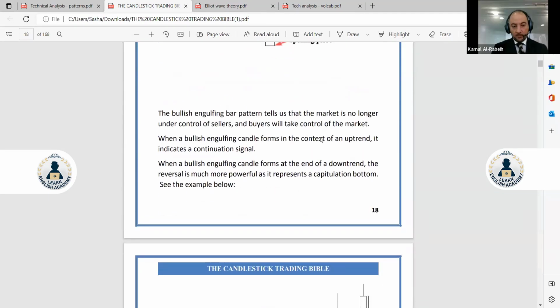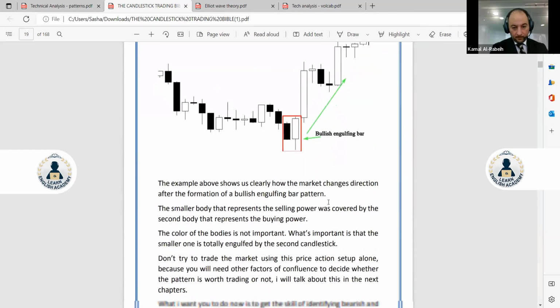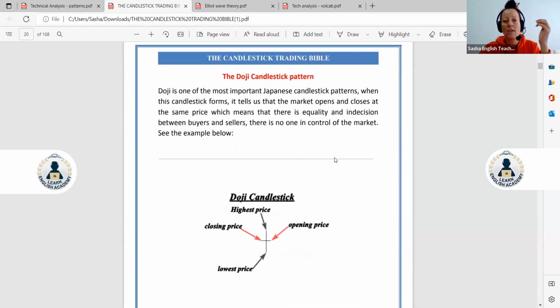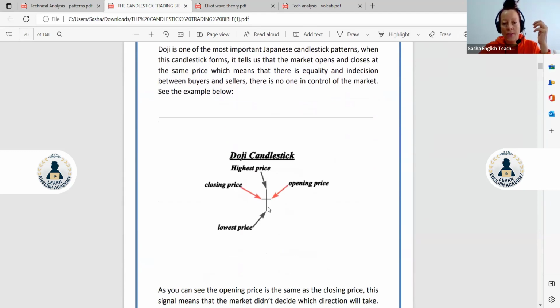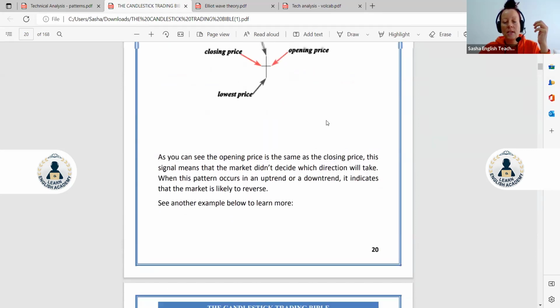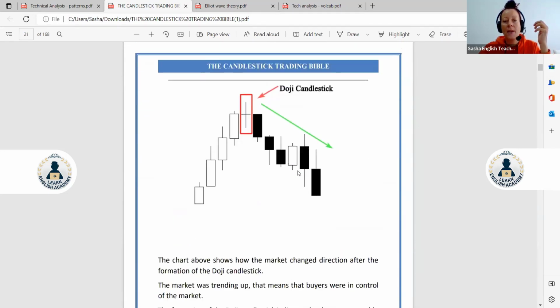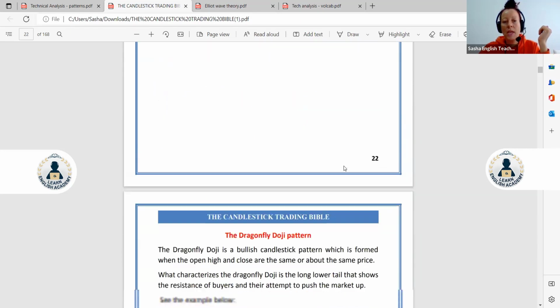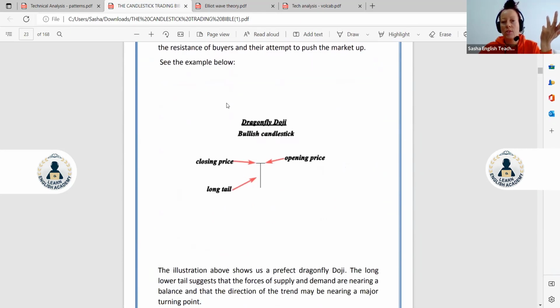Everything in detail, and I think it's quite simply written. So the doji candlestick pattern, how this looks here, and the prices it's explaining, and then how it would look on the actual chart. For me, I think it's a very good reference, the dragonfly.